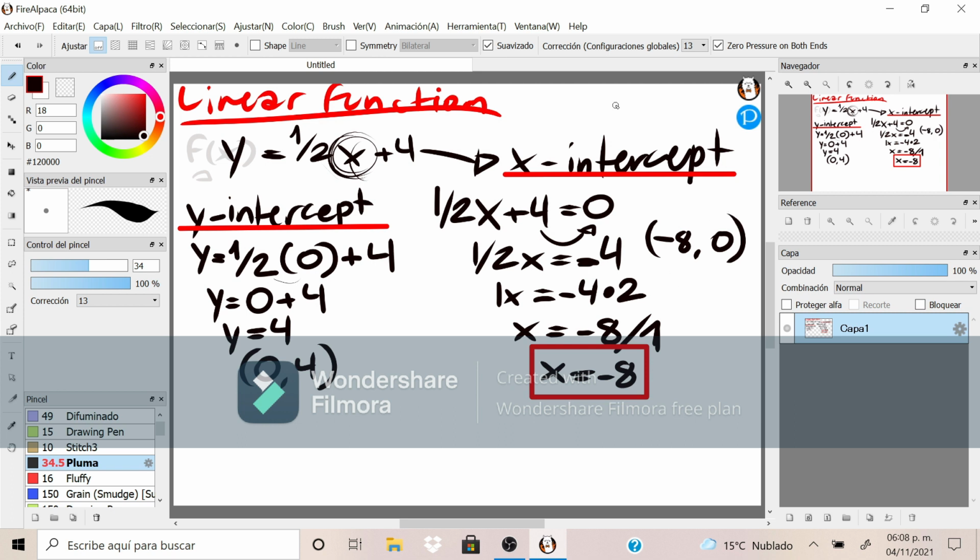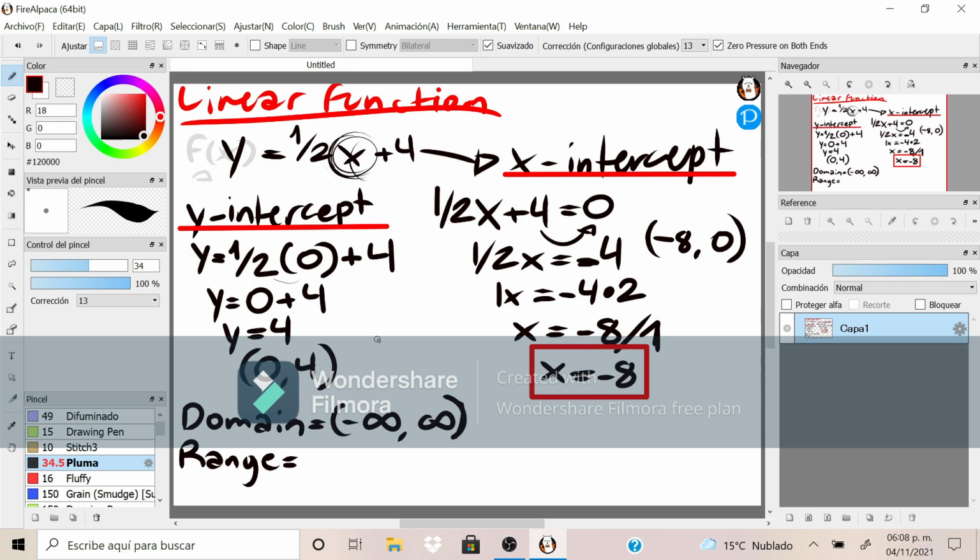Now, how do you find the domain? The good thing about this problem is that you don't really have to bang your head against the wall when it comes to domain and range. That is because it's always going to be minus infinity to infinity. Why? Because the line is continuous, it's never going to stop.